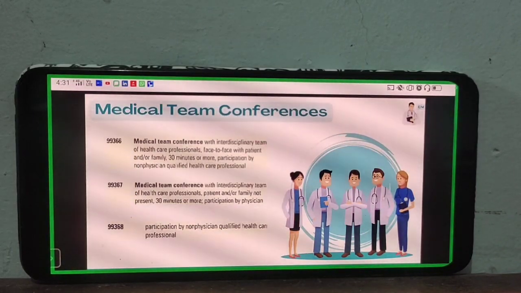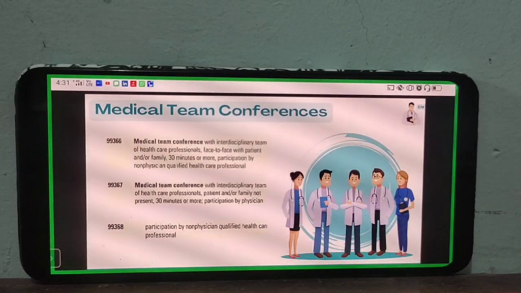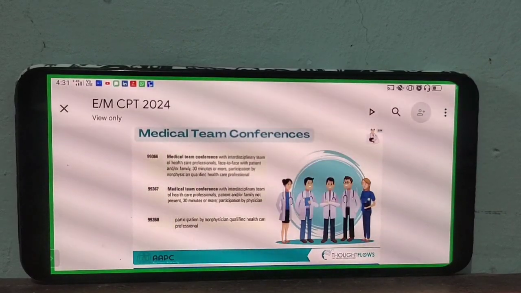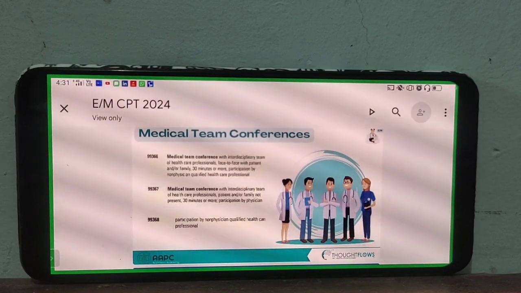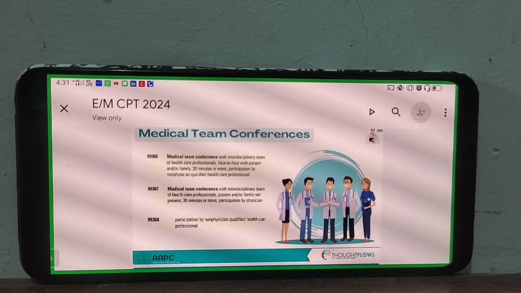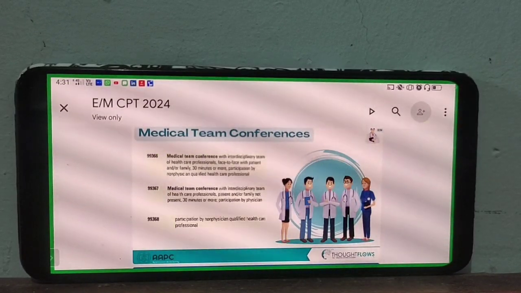Okay, thank you. 68, ma'am. 68 is for non-physicians apart from family members, like a policeman or lawyer. For example, if a patient is accused, the doctors want to explain their health condition to the policeman. So if a non-physician, for example a lawyer or policeman, participates in that conference, it is 368.